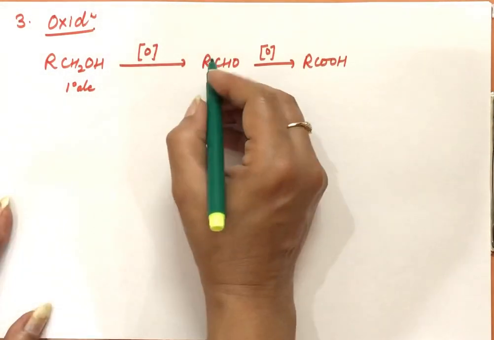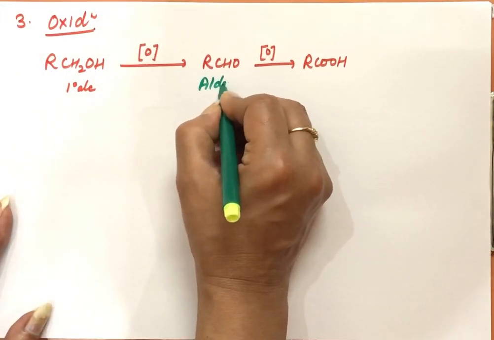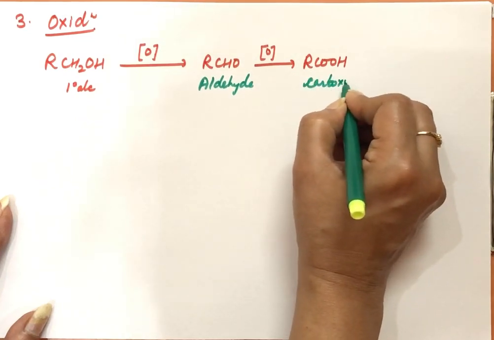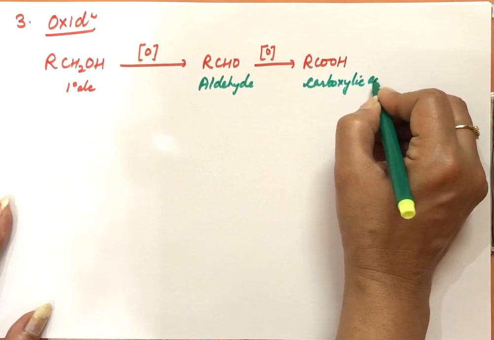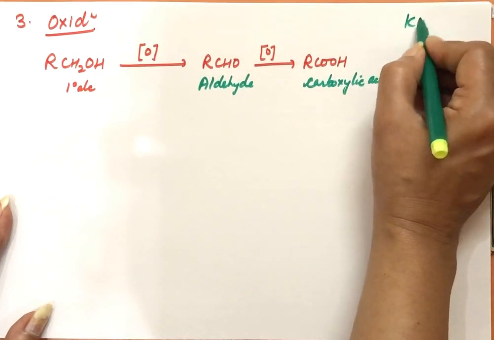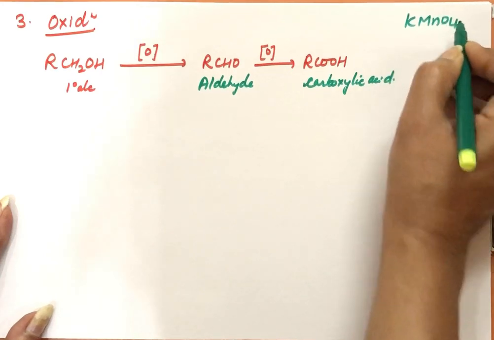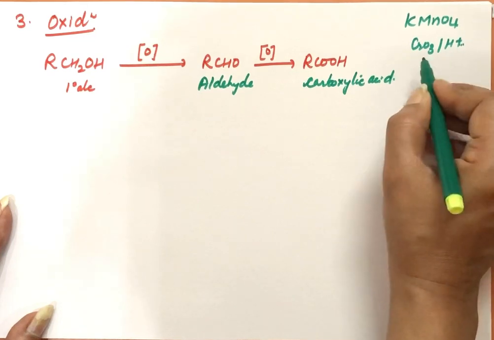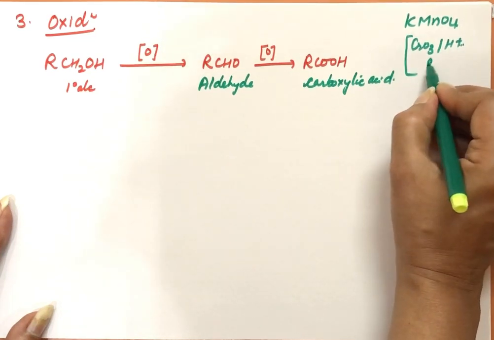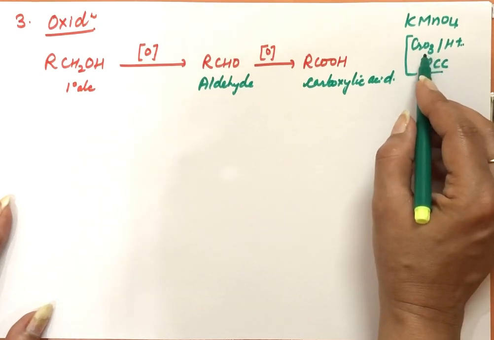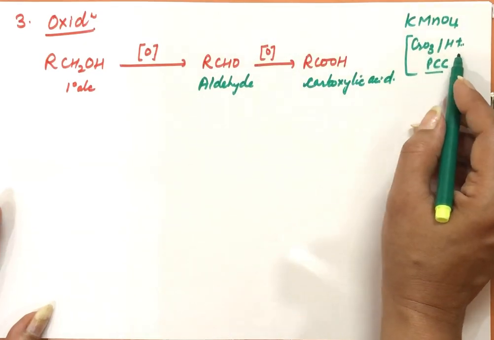So the reaction will stop at aldehyde or at carboxylic acid, depending on the oxidizing agent. Examples of strong oxidizing agents are KMnO4, and for a mild oxidizing agent, CrO3 in acidic medium is used, or a better one here is PCC, pyridinium chlorochromate. It is also a complex of CrO3 with pyridine and HCl.